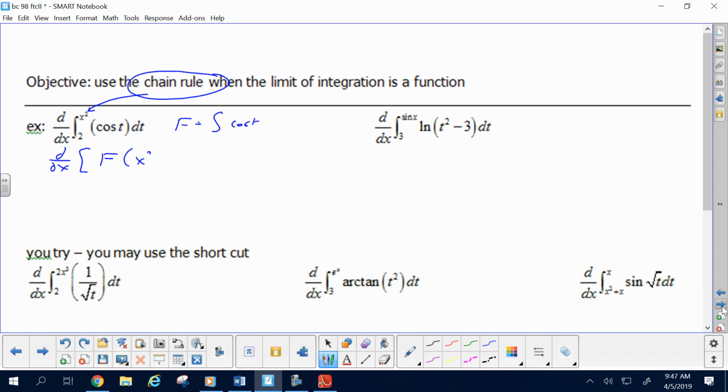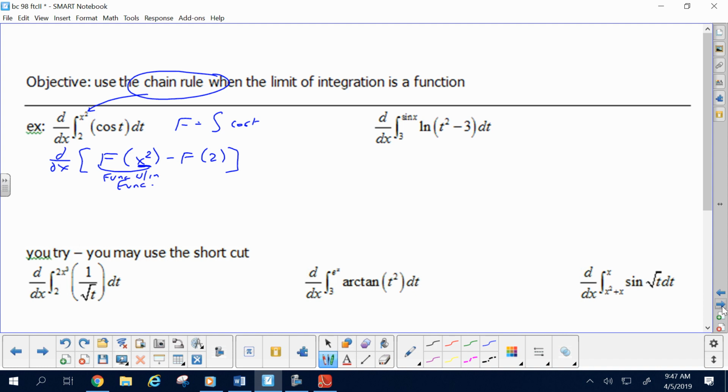F at x squared minus F at 2. You cool? All right, now I'm going to take the derivative of that, and you can see where I'm going to get a chain rule. Now, because I have x squared now, I have a function within a function. That's why I'm going to need the chain rule.